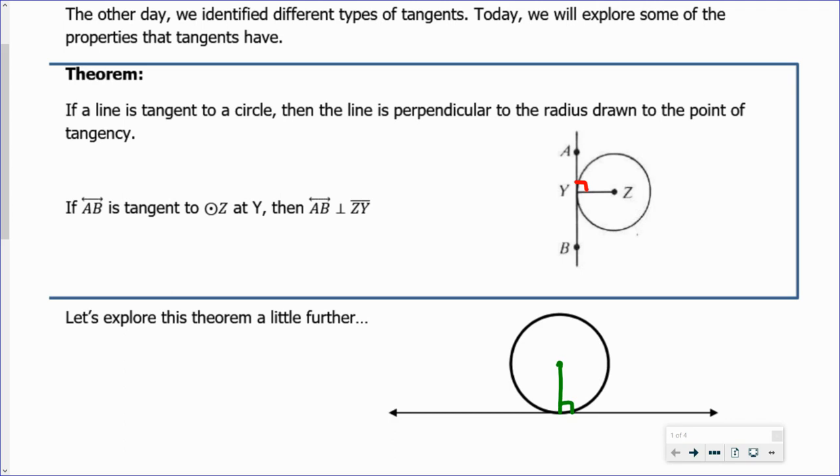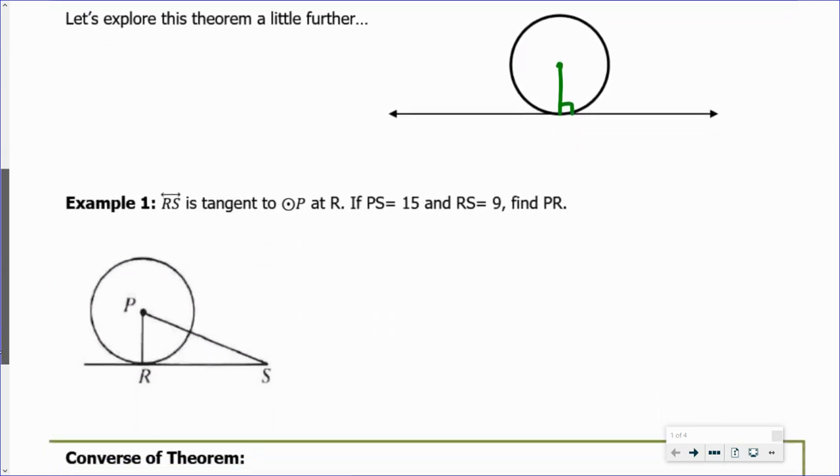In this case, that segment that I've drawn in is the radius of the circle. So this gives you a brief proof of why that theorem works without actually getting into a formal proof. Let's take a look at an example of how this would be helpful.